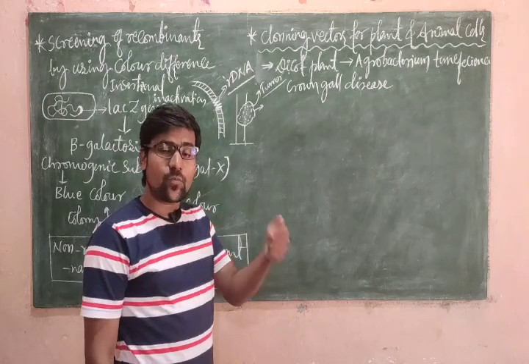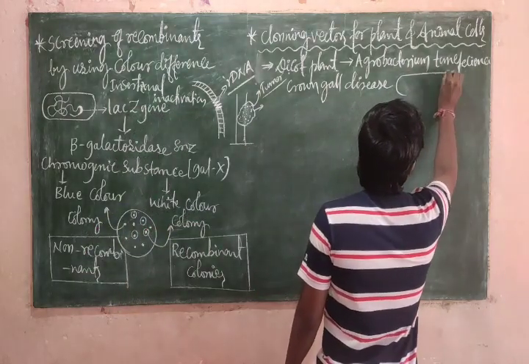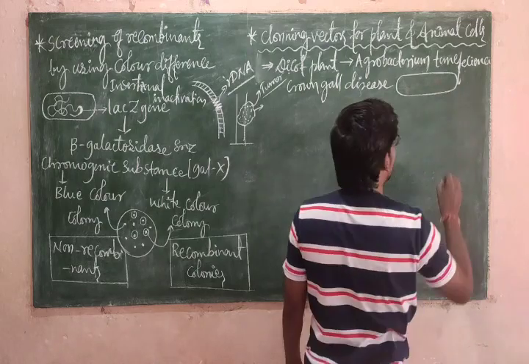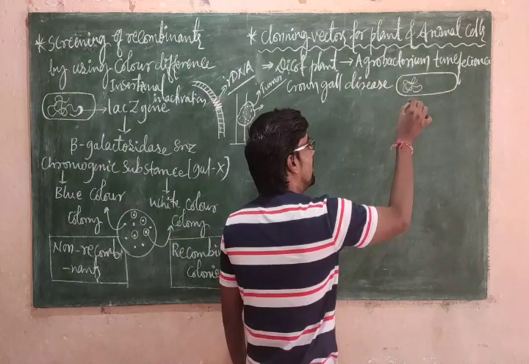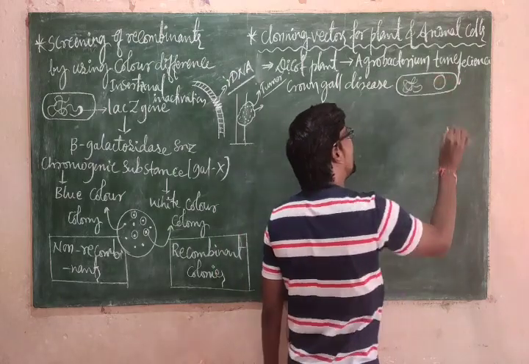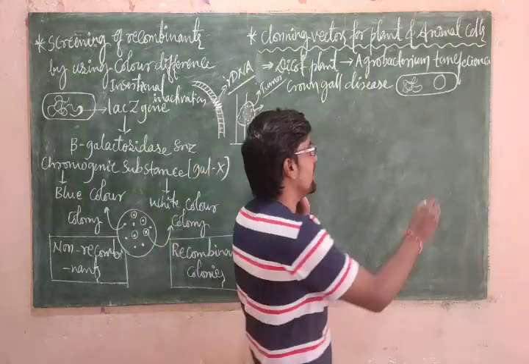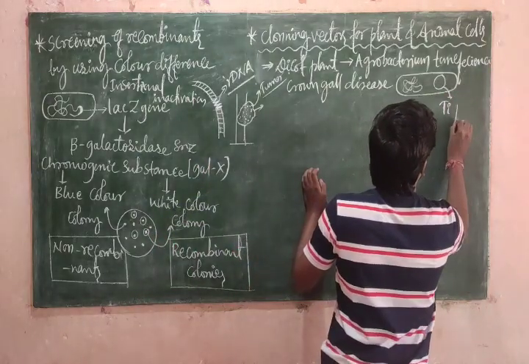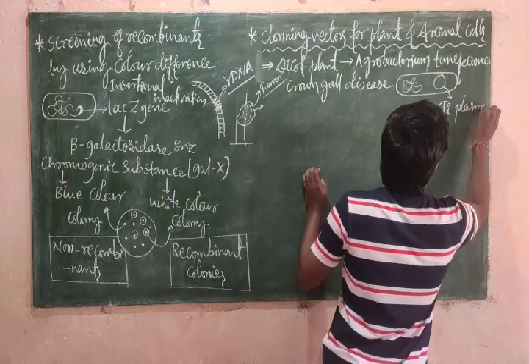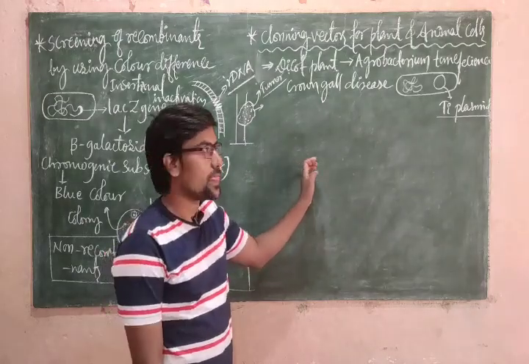Why such a thing is happening: if we consider this Agrobacterium tumefaciens bacteria, normally it has its own DNA, and inside it has its own plasmid. One special plasmid is present in that bacteria. That plasmid is the Ti plasmid.